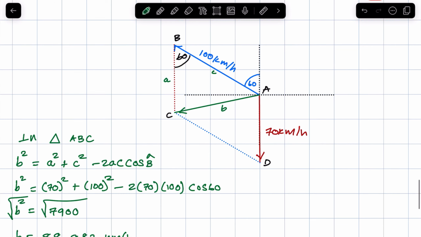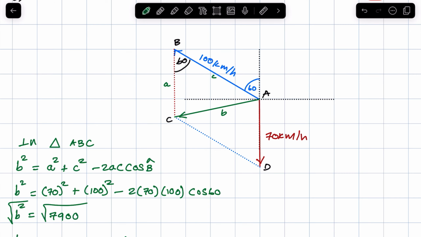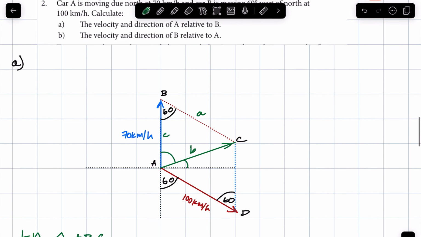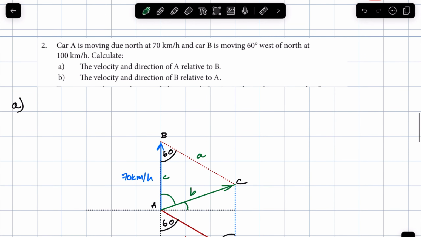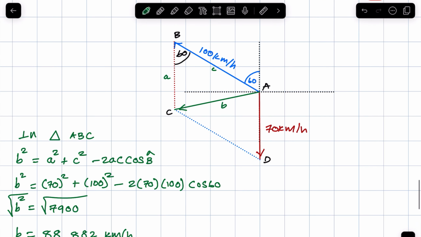So now we can calculate the direction. Now B, they said, was north 60 degrees west. Because we used the y-axis as our reference for 2a, we're going to use the x-axis as a reference for 2b.